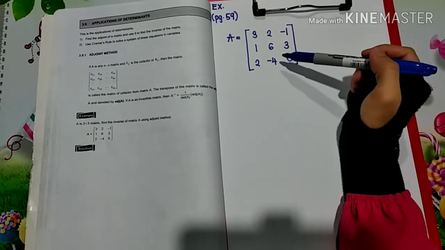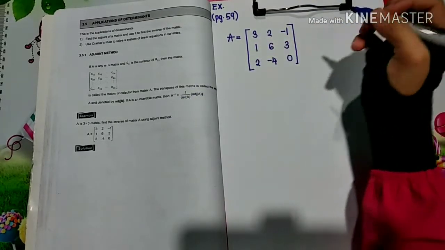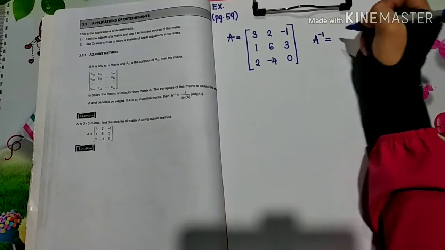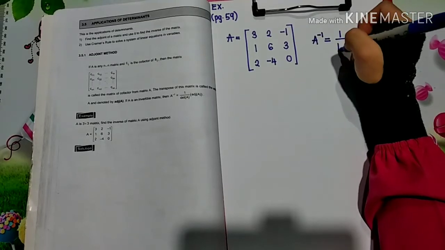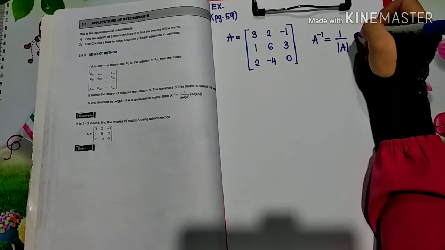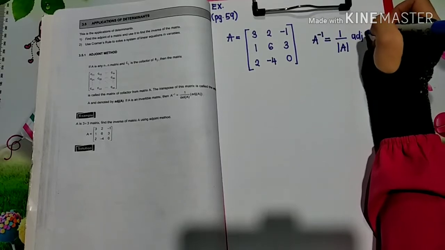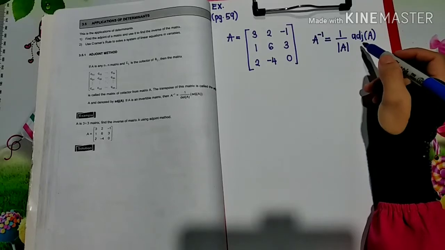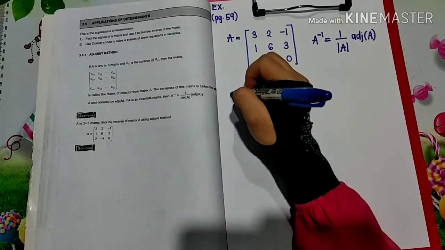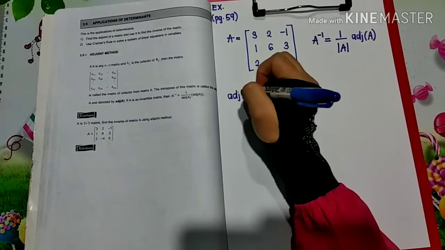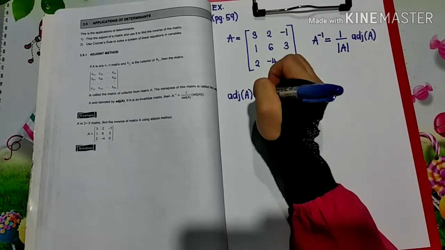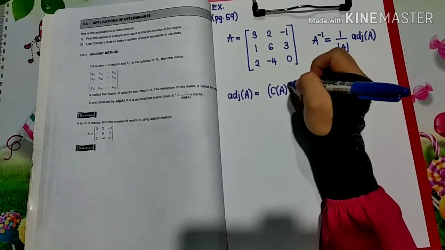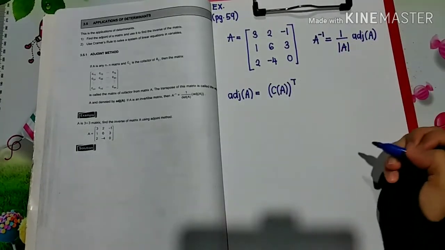So this one is the given matrix A. So remember, the formula for the adjoint method is 1 over determinant of A, and then we multiply with the adjoint of A. So first, I will find adjoint of A. The formula for adjoint of A equal to cofactor of A. That means we need to find the cofactor of A, and then we transpose it.